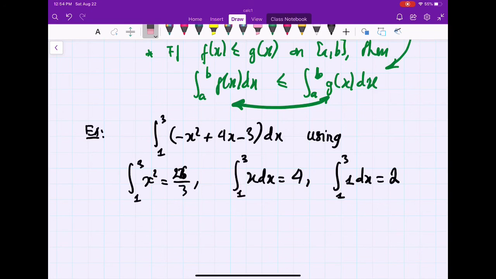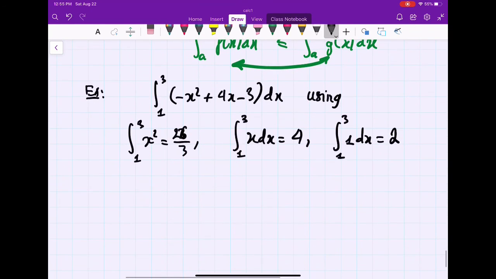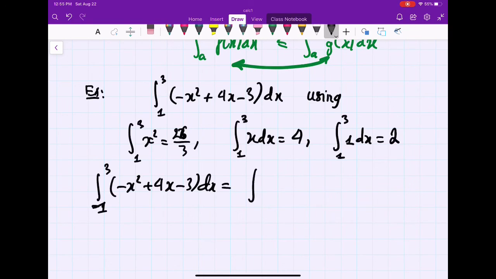So it is pretty easy because we just use additivity of the definite integral. So you have this dx, integral from 1 to 3.